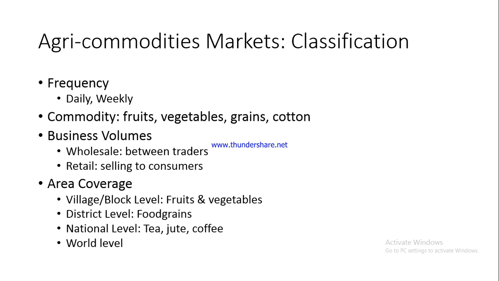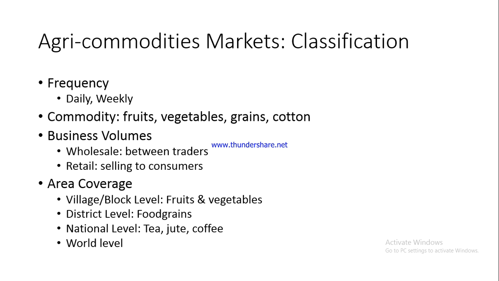One reason could be because these are all perishable commodities, so naturally it does not make sense to send them to a far off district headquarter for purpose of sale. So generally these commodities are sold in the markets in the near vicinity, or the markets which are closer to the production areas. So they are basically called the village or the block level markets.